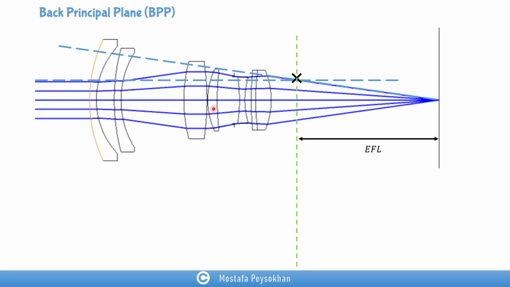If I don't have this lens, in my mind I can say the rays are coming from infinity, then converge to a point, and trace another ray that comes from infinity and converges to a point. So instead of this full optical system, the question is, can I replace it with a single lens? Based on the image that we can see, the answer is yes.